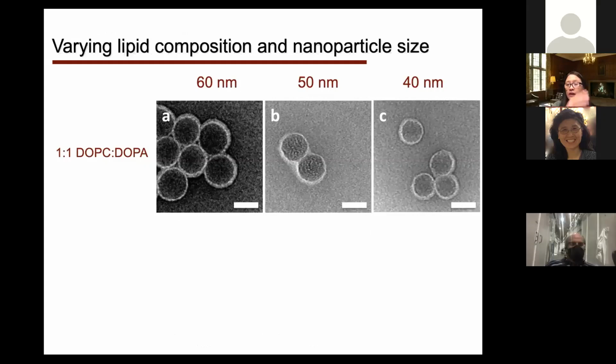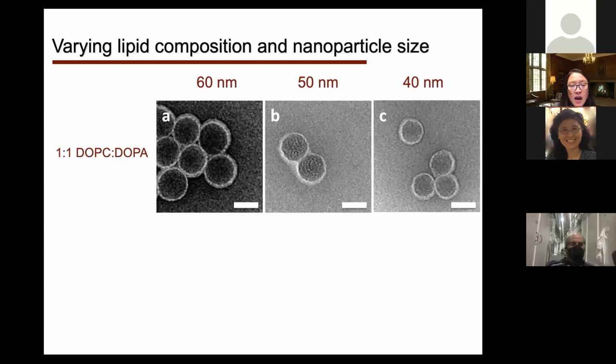We have also dialed down from the 60 nanometer diameter of the silica particle all the way down to 40 nanometers. And as you can see, we are increasing the loading of the charged lipid, DOPA, in a milieu of the zwitterionic lipid DOPC.